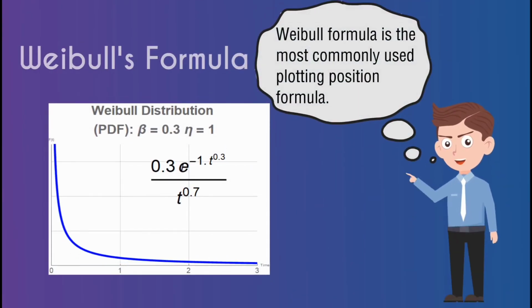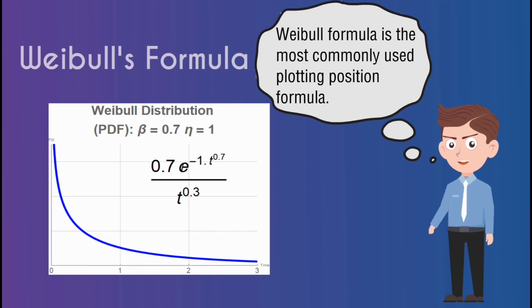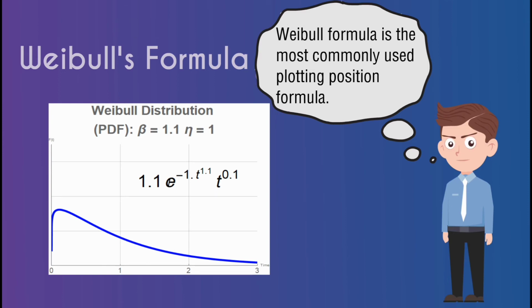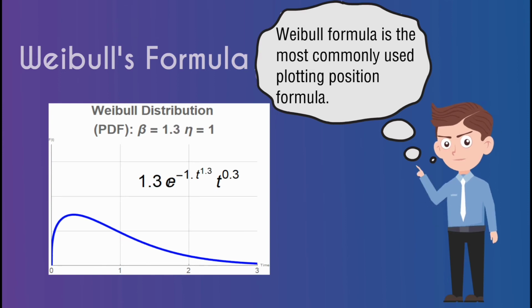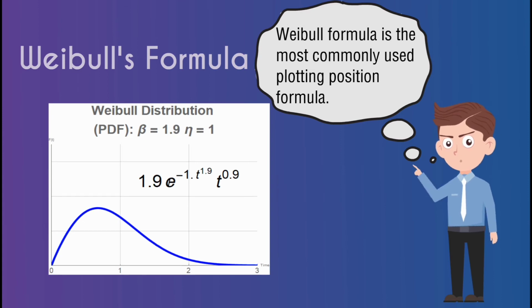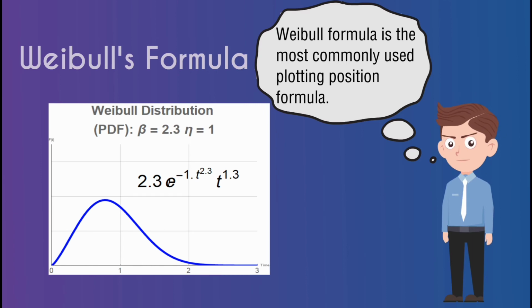Weibull formula. Weibull formula is the most commonly used plotting position formula. Having calculated P and T for all the events in the series, the variation of rainfall magnitude is plotted against the corresponding T on semi-log or log paper.